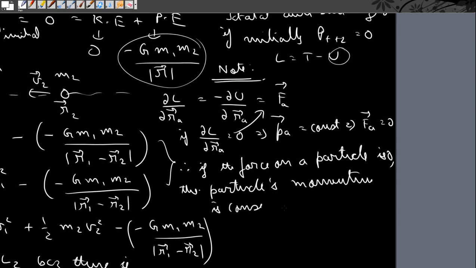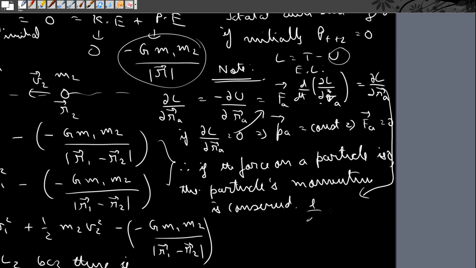And what our Euler-Lagrange equations say is that d/dt of ∂L/∂v_a is equal to ∂L/∂r_a, which is another way of saying d/dt of p_a is equal to F_a, which is nothing but Newton's law, that is, rate of change of momentum is equal to the force acting on the particle.